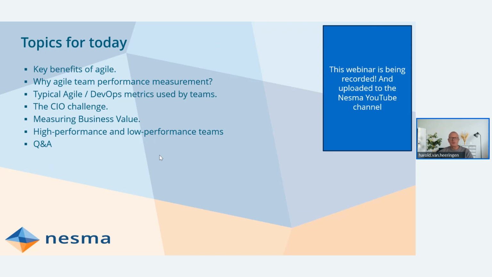High performance, low performance teams, we're going to look at how you can identify those and what the advantages of identifying those are. And this webinar is being recorded and uploaded to the NESMA YouTube channel. So if you have to drop out at some moment for whatever reason, you can always replay it over there.